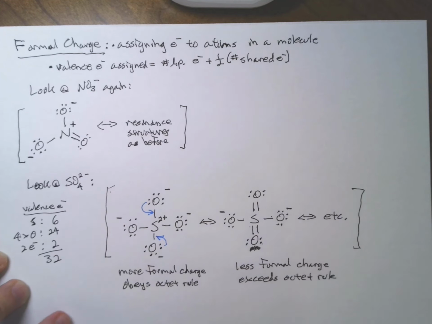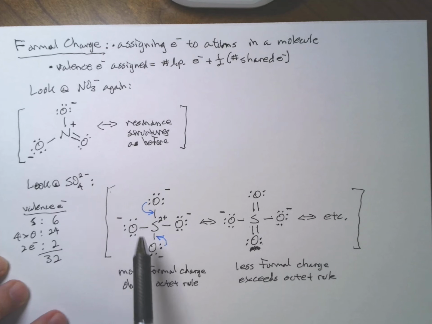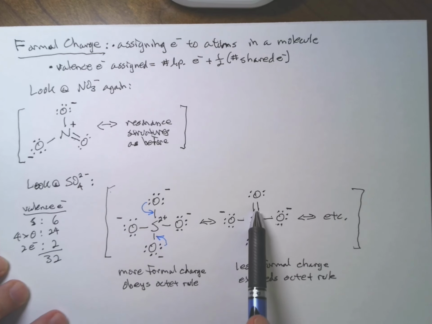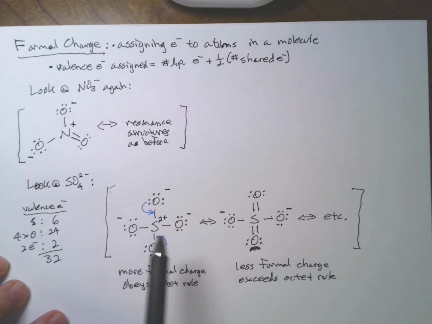Well, in reality, what we have is something that's in between these, where we have the same sulfur-oxygen bond length for all of the sulfur-oxygen bonds, but it's not quite a single bond. It's not a double bond, it's probably like a bond and a half. And most of the negative charge is out on the oxygens with some positive charge in the middle. So we actually have a blend of all of these.